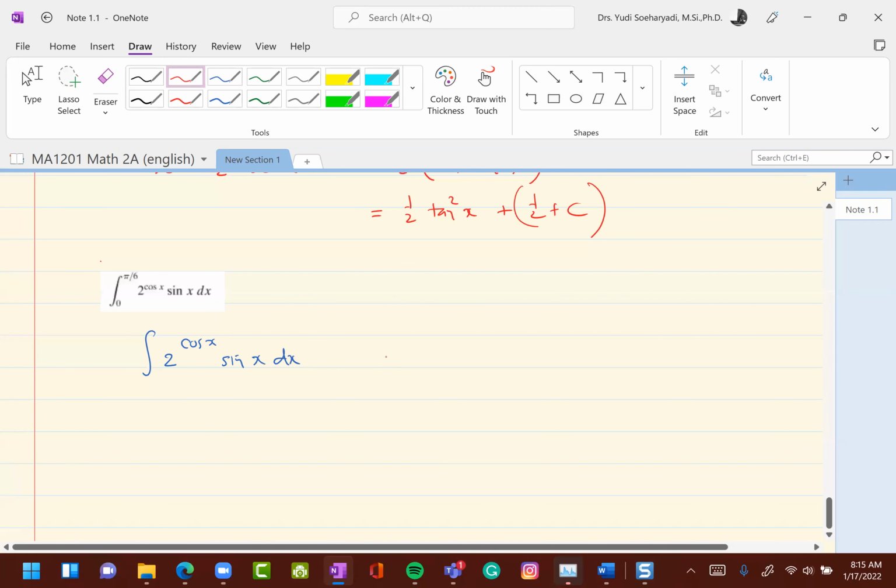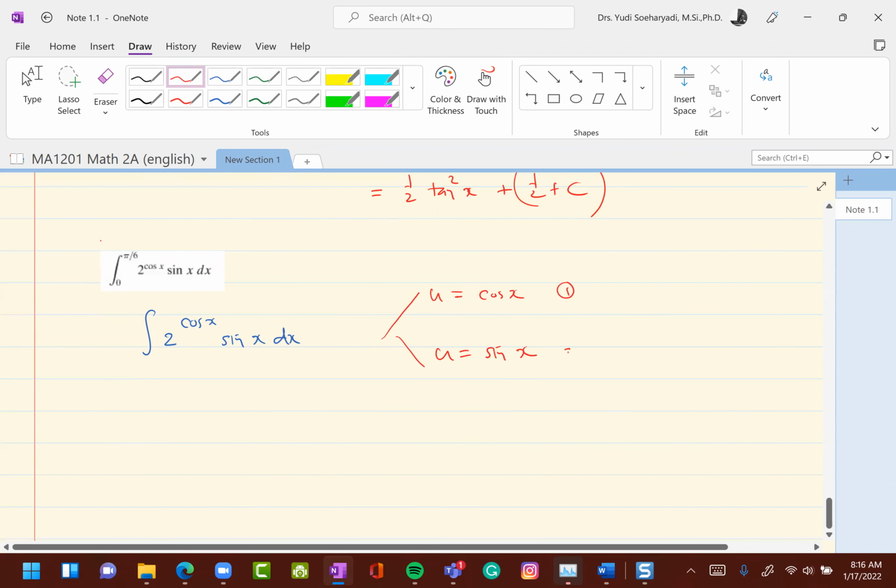Naturally you have 2 options: u equal cosine or u equal sine. Let's do both.